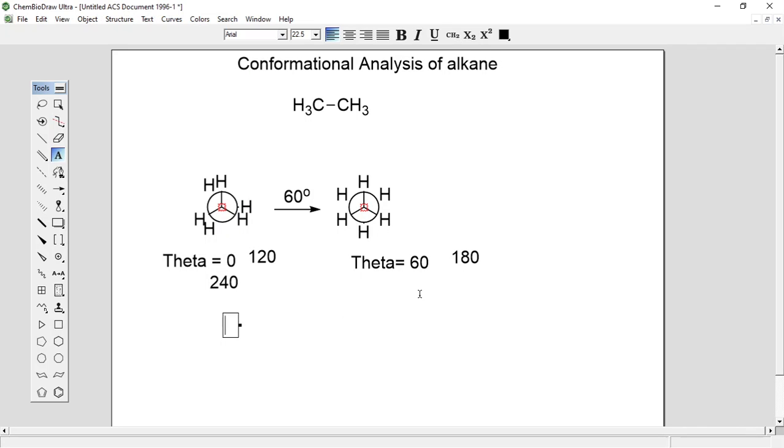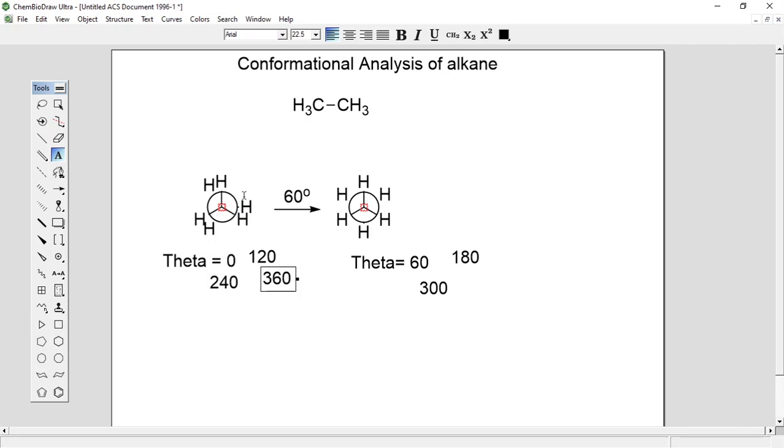And again, when you rotate 60 degrees, at 300 degrees you will get the staggered conformation. Again, when you rotate to 360 degrees you will get the eclipsed conformation. So these are the different orientations when you rotate this.